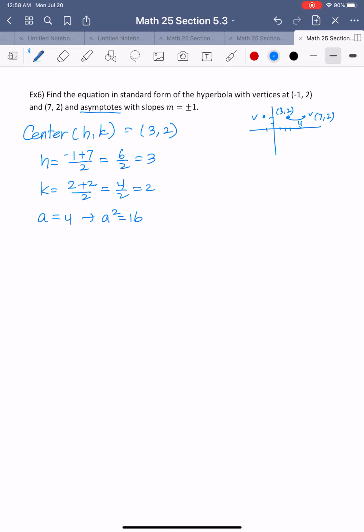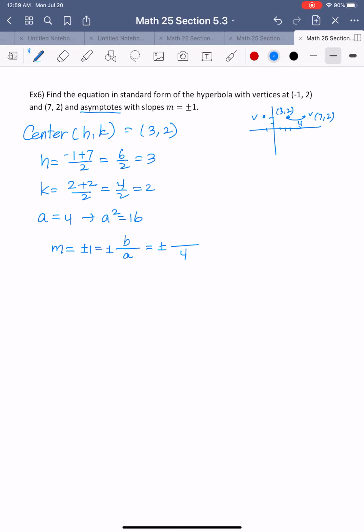So the slope is going to be plus or minus 1. The slope is always the change in y over the change in x. So 4 is the change in x, so it's going to be b over a this time. Change in y, so plus or minus b over a, and a is 4.